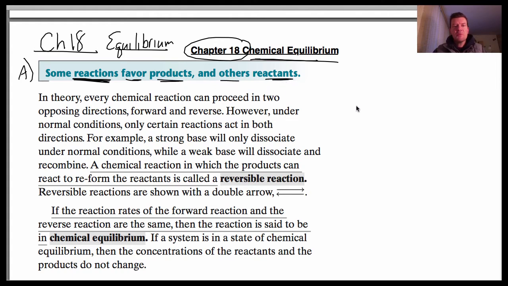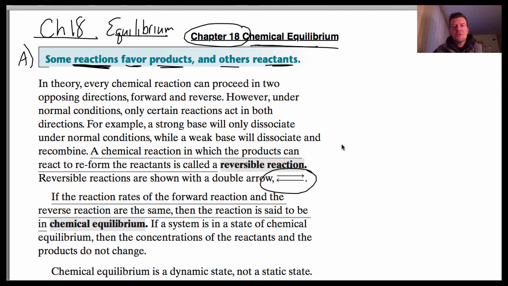What that means is, remember we have a double arrow. That double arrow is showing you that the reaction can go both directions, but probably more often than not, there's going to be more of one side of the substance versus the other side.